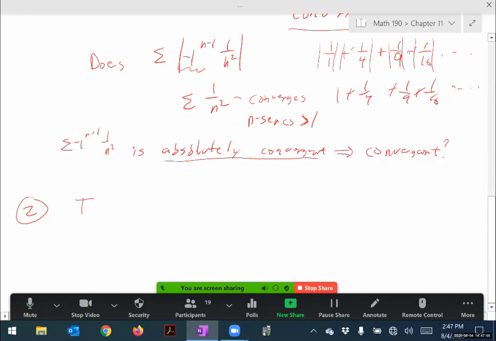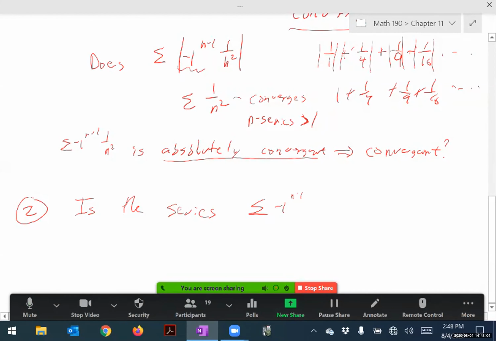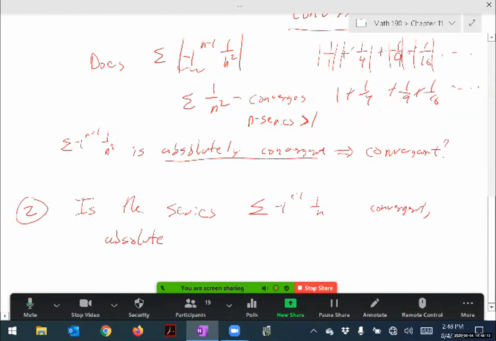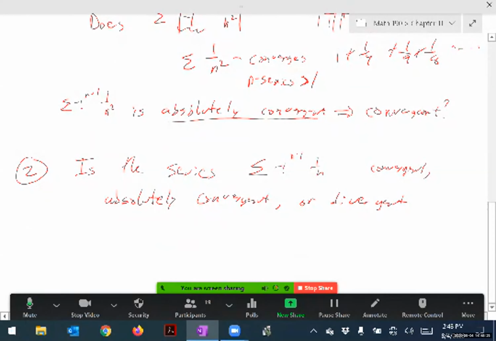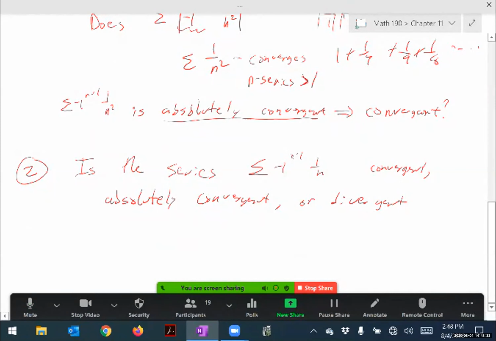Is the alternating series, the sum of (-1) to the n minus 1 of 1 over n, convergent, absolutely convergent, or divergent? If this were absolutely convergent, we could prove convergence, since absolute convergence implies convergence. But this is only convergent. Why?